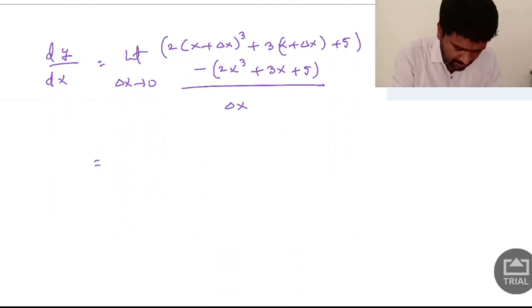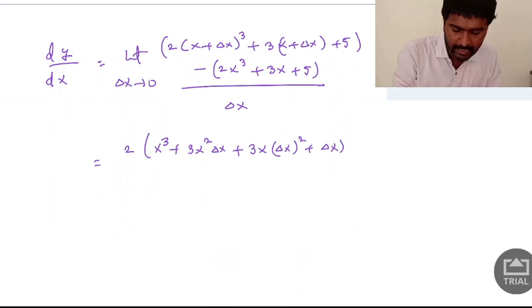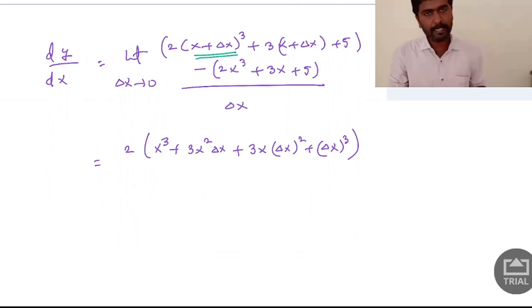So now, let us expand this. It will be 2 into x power 3 plus 3x square delta x plus 3x delta x whole square plus delta x whole power 3. So this is the expansion of x plus delta x whole power 3.